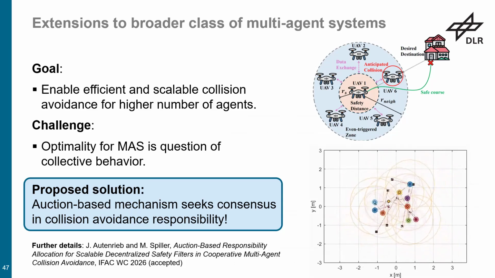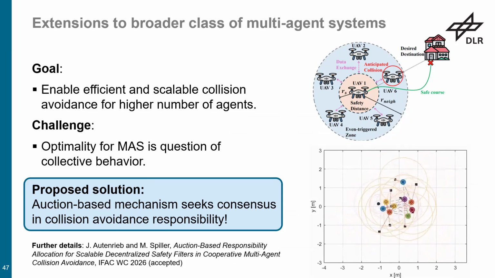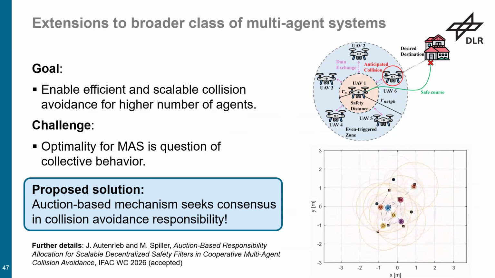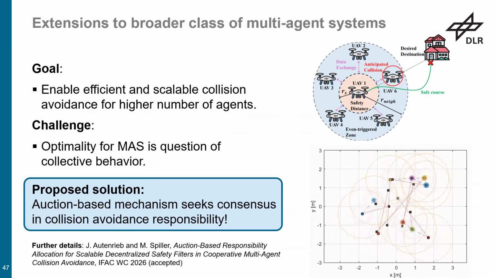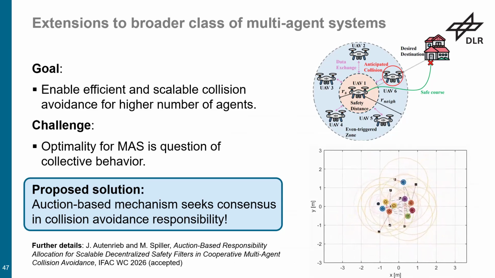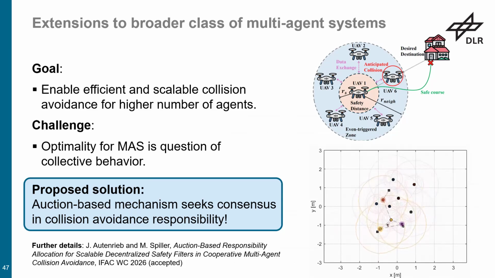And maybe sometimes you are in a hurry, running towards a train, and others see you. Maybe they will step to the side so that you can pass, right? And this is the same idea, that you look at the problem from the perspective of optimality. You consider who has the highest cost to avoid collision, and who has the lowest cost, and the one with the lowest cost for a certain event gets the responsibility, while the others just continue with their mission.